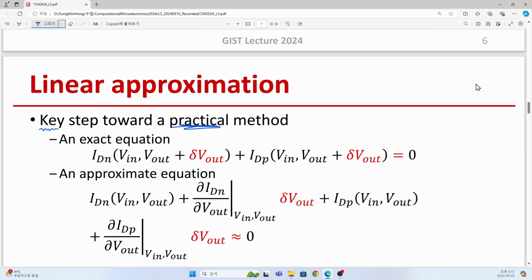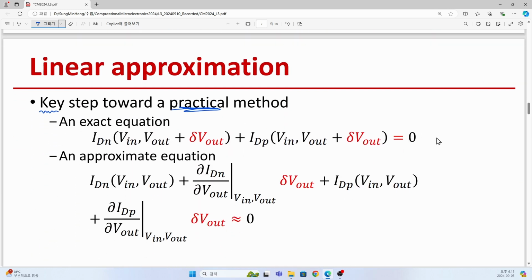So instead of that, we wanted to make a certain simplification. Although this is the exact one, it is difficult to solve. So an approximate equation is built by adopting the linear approximation. So each term here and here, each of them is approximated with linear approximation.